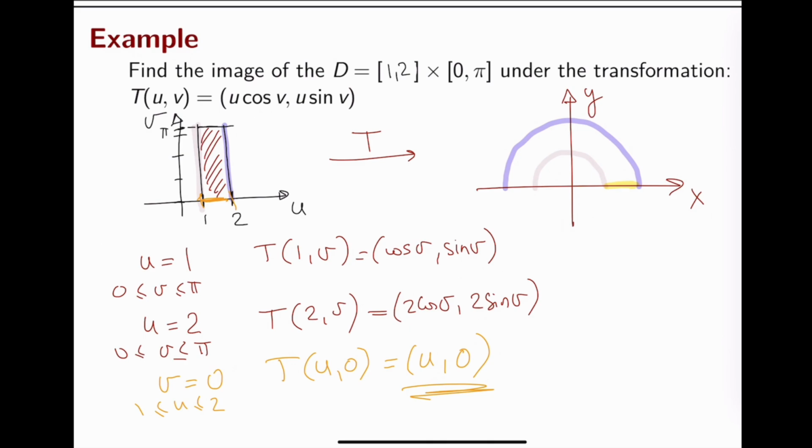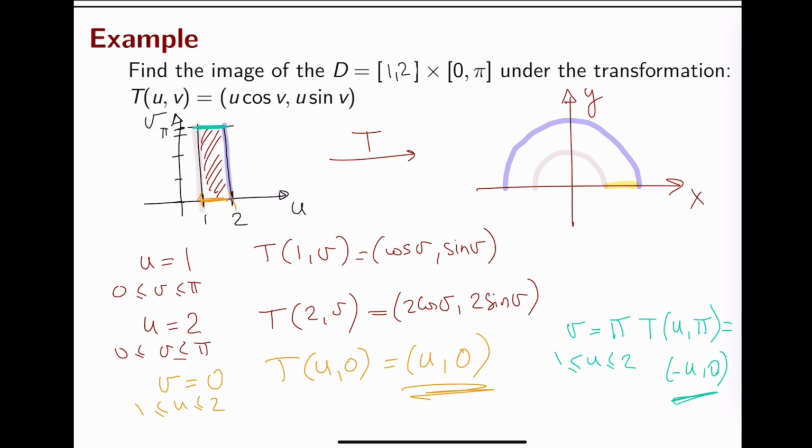Well, in the same way, we can see what happened on top, that's another line. In this case, it is going to be determined by v equals pi, where u still varies between 1 and 2. And when we do the transformation of (u, pi), what we get is u cosine of pi, that is minus 1, and so we're going to get (minus u, 0).